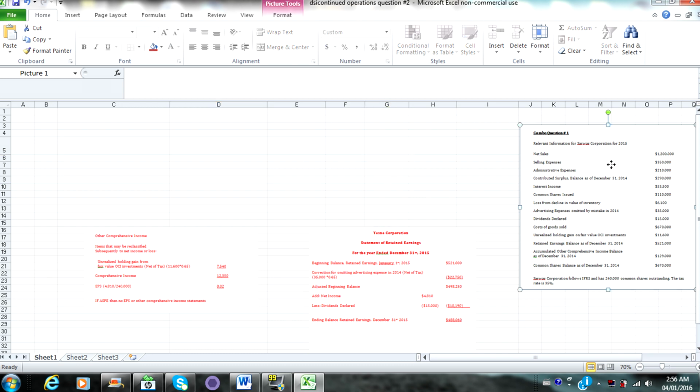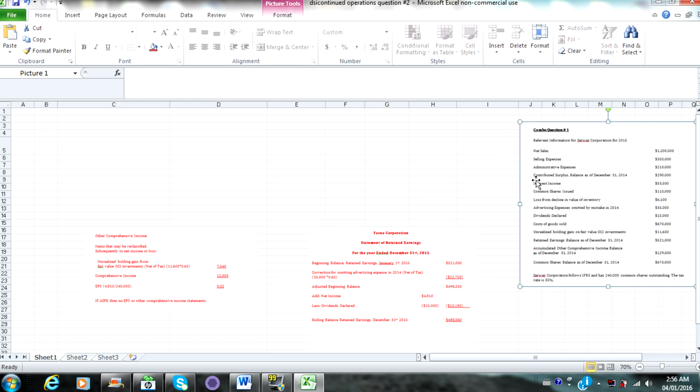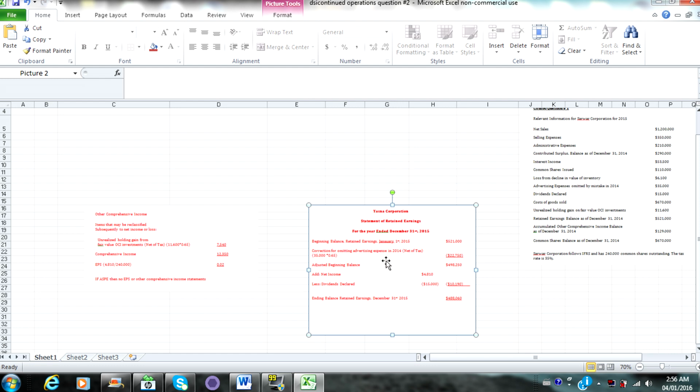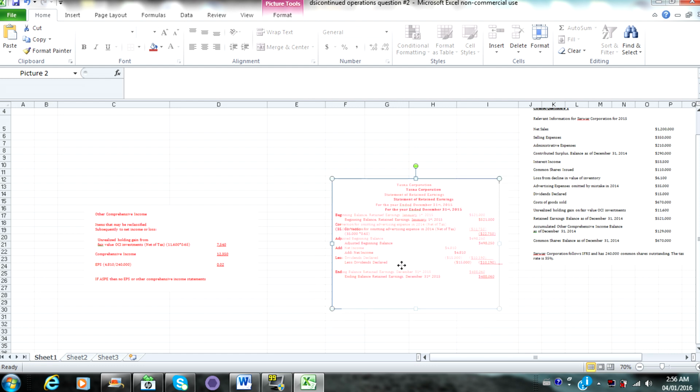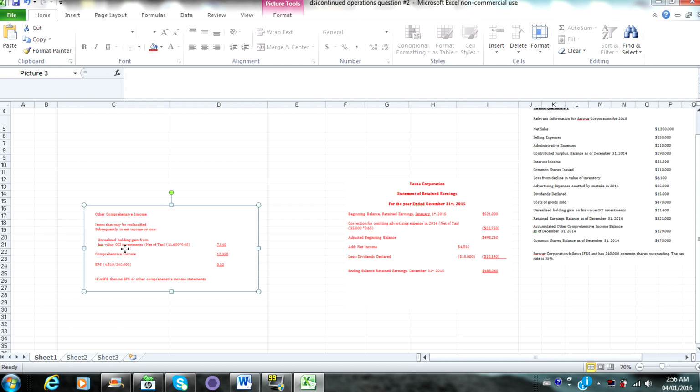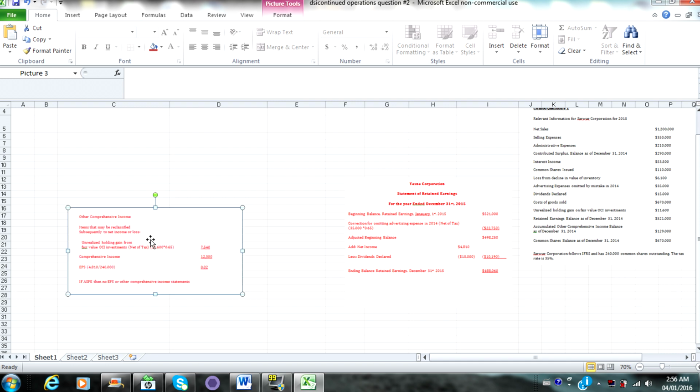What I have here are 3 screenshots. The first one over here is all the givens from the question, so you'll recognize all this information. The second one here is our statement of retained earnings. You'll remember that we just prepared it. And this right here is a portion of our income statement.